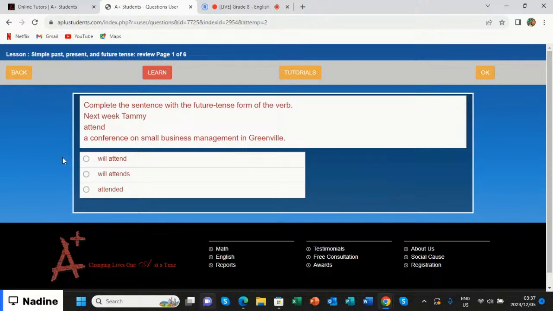In this case, we need to show the future tense form of the verb. So we will say next week, Tammy will attend. Yes, well done. So will attend. It's the first one, not will attends or attended. So will attend a conference on small business management in Greenville.